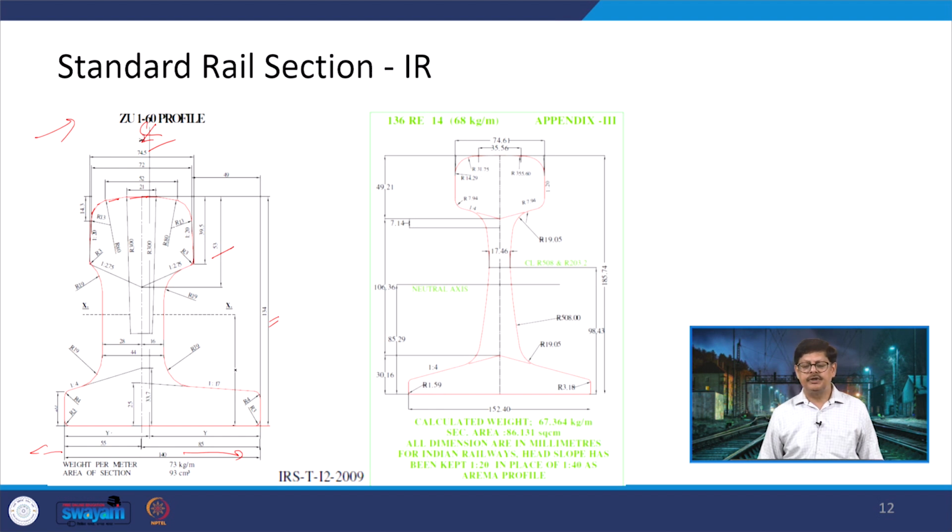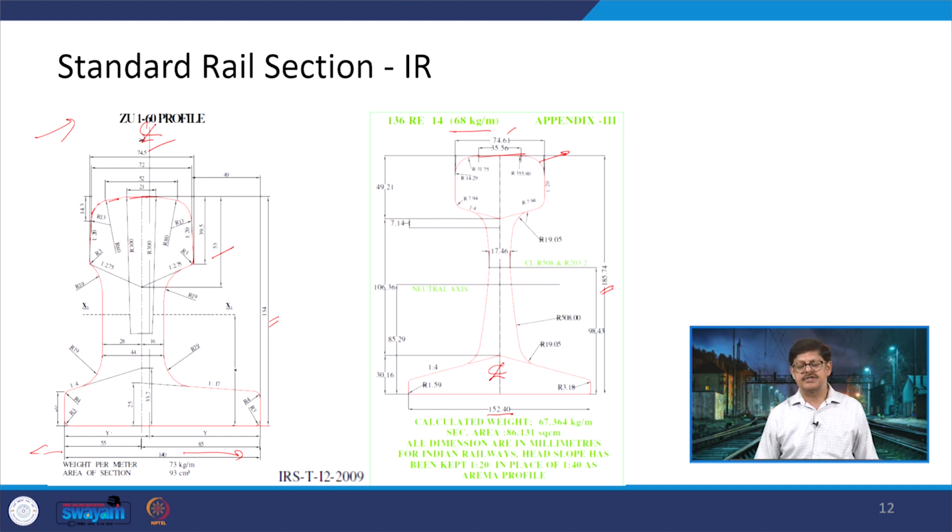that is our 136 RE 14 one, which is a 68 kg per meter section. The change is that it is more of a symmetrical section now. So, whatever is provided with respect to the center line is symmetrical, and in this case, you see the height has been increased to 185.74, the base is 152.40, the top is 74.61 with the flattening of surface as 35.56 and a smoothening of the sides.